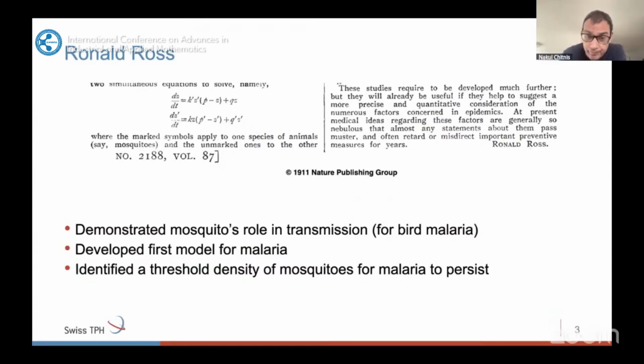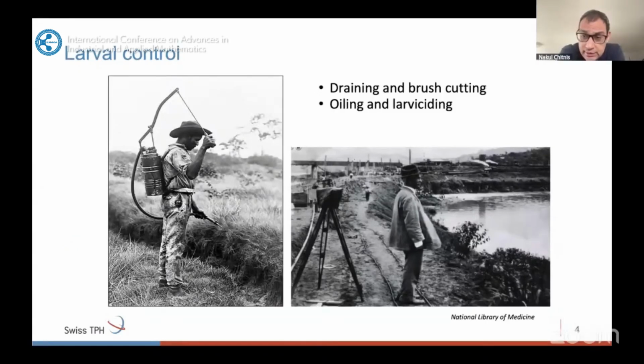And this led to a lot of work in the early 20th century where malaria control focused on larviciding. So it was really about draining ditches or draining ponds where water collected, cutting brush and vegetation around where water would have collected. And in breeding sites which could not be removed, it was using oil and other larvicides to kill larvae.